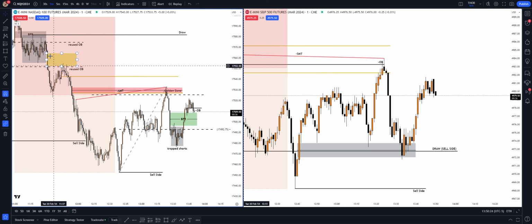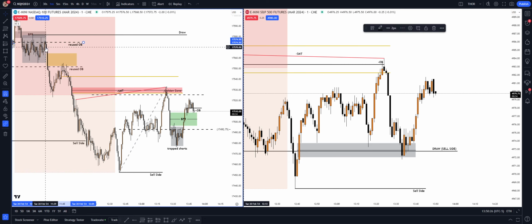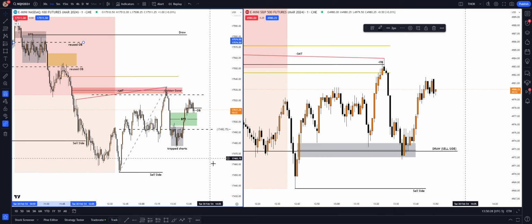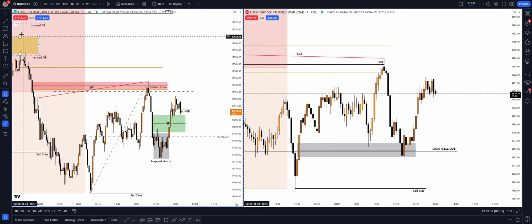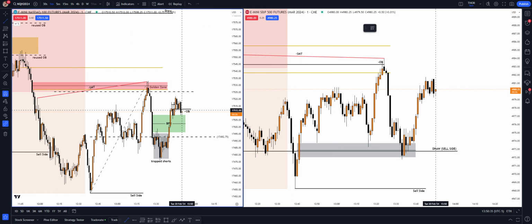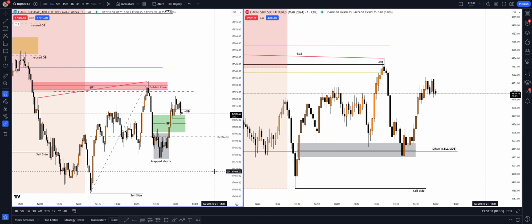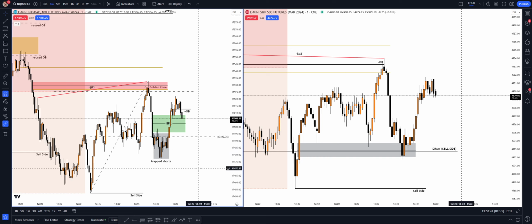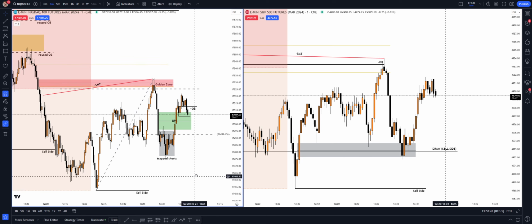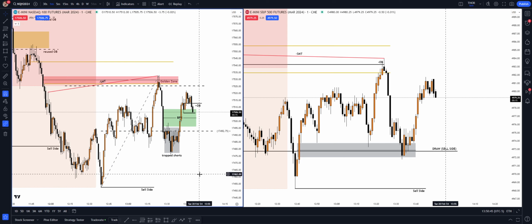Once the SMT is there, then I would look for this buy side to act as a draw on liquidity. Maybe what we'll get is Nasdaq might just turtle soup this low and then rally. Let's see if that's the case.